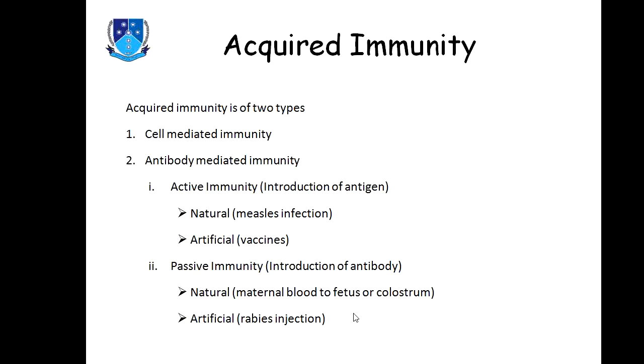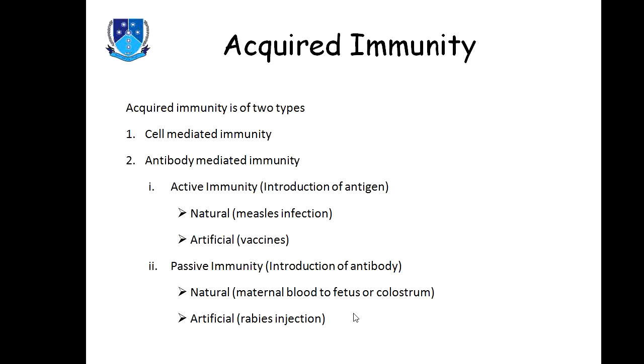For example, if someone is bitten by a rabid dog, we provide the rabies antibodies, and those rabies antibodies are active against the rabies virus which has been introduced by the rabid dog to the human body.